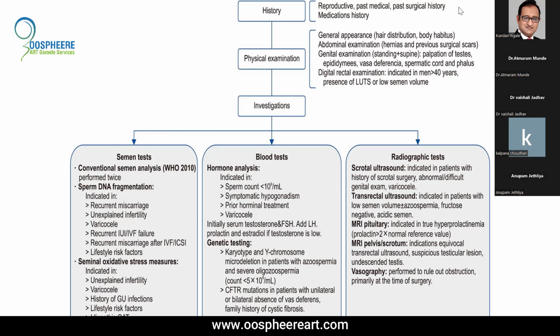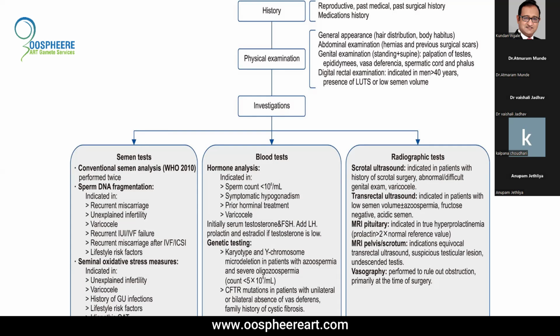Or medication history, maybe he is taking some antihypertensive medicine which may be interfering with his ejaculatory process. The physical examination, obviously secondary sexual characteristics, abdominal examination for obesity, surgical scars, genital examination, both standing and supine.